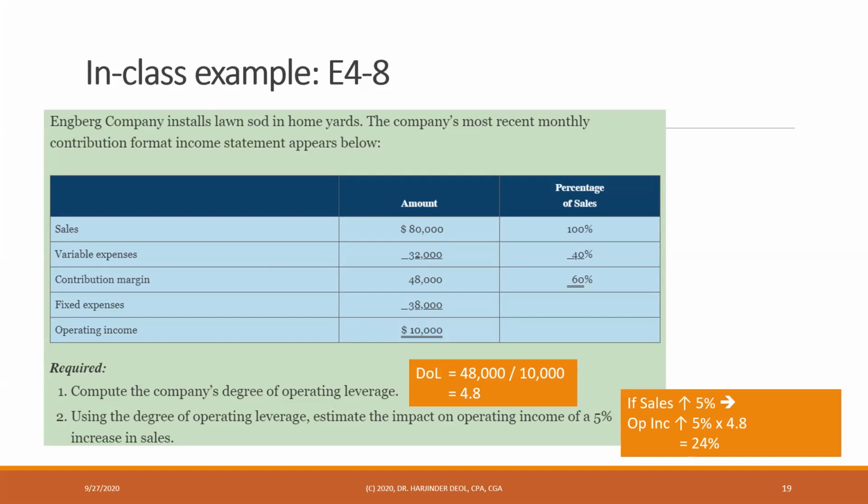So the total change will be 24%. Your operating income will go up by 24%. The same idea can be applied if there is a decrease in sales. Think of these things conceptually.